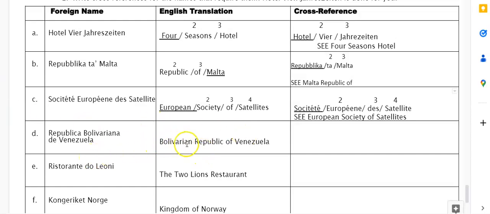Okay, this one we have the Bolivarian Republic of Venezuela. So the name of the country is Venezuela. Okay, next is Bolivarian, which is my unit 2. Unit 3 is Republic. Unit 4 is of. Again, I'm just going to copy and paste my key unit or my foreign name to save some time here. So this would be my key unit.